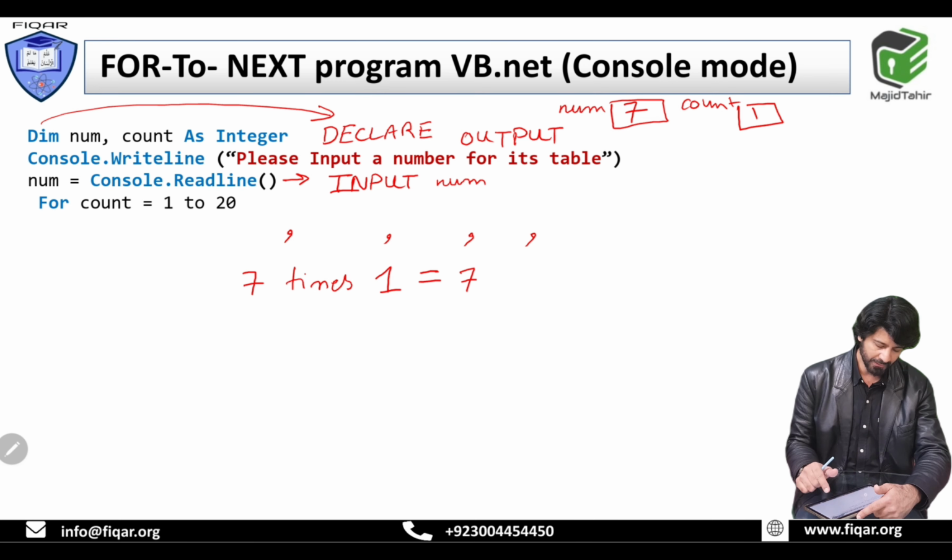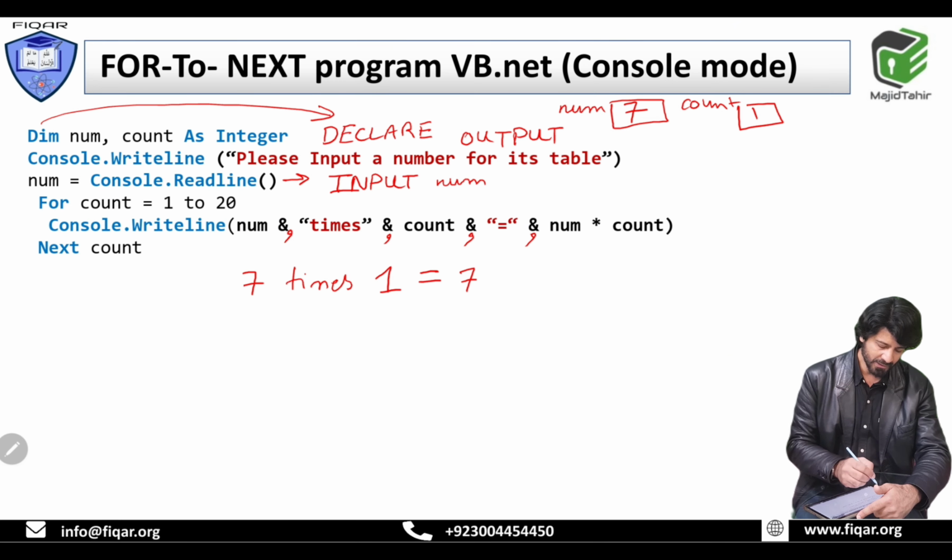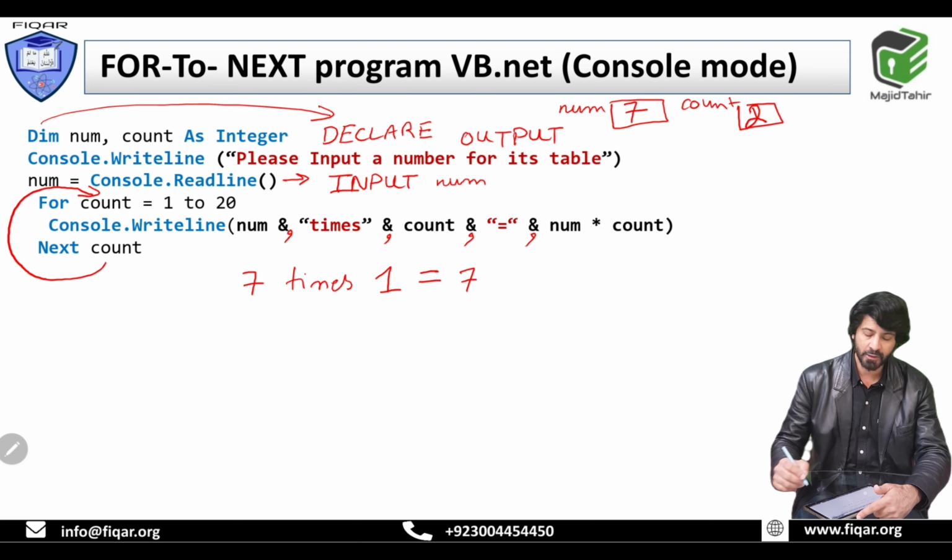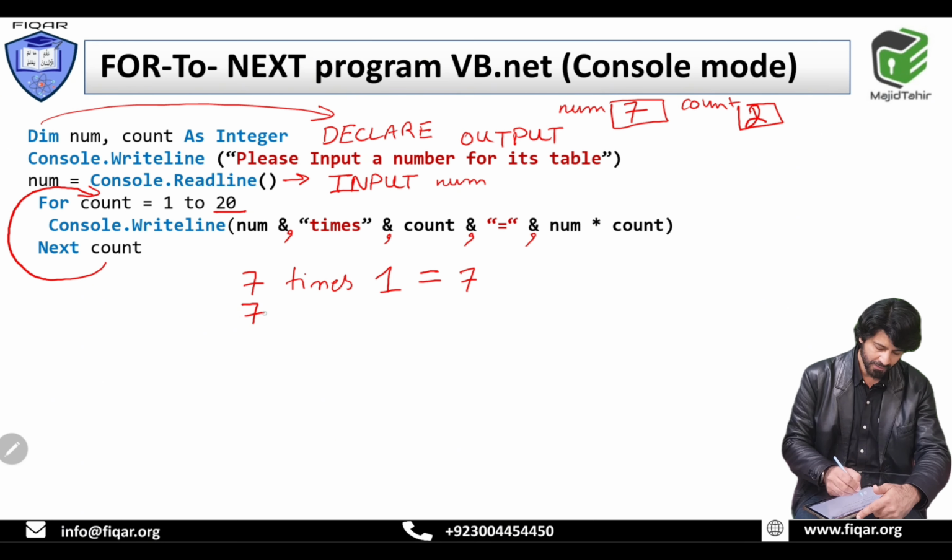Now when you do that, next count will take the loop back to the count again, and count is incremented to 2 now. Earlier it was 1, now count is 2. Again it will display the same line till it reaches 20. So it will display 7 times 2 equals 14.